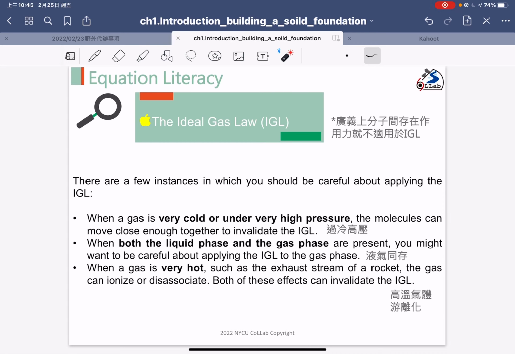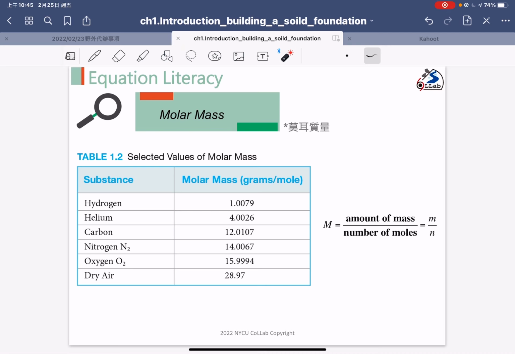Okay, so if you can satisfy the ideal gas law assumptions, sometimes for the gas we are focused on, we show the tables. The different elements will have different molar mass. Actually the molar mass you can directly check from the chemistry table, right? The chemistry table lists the molar mass of all of the elements.